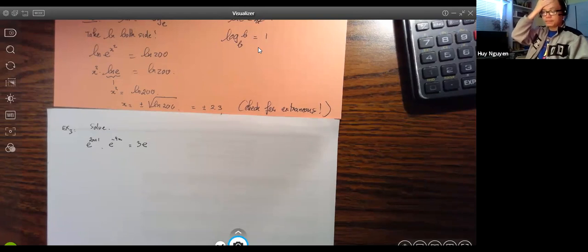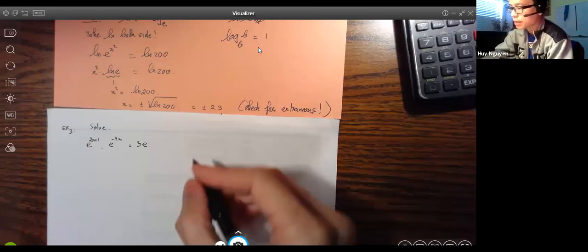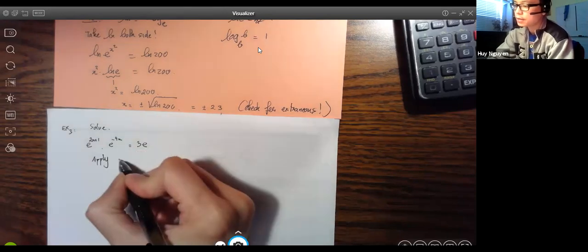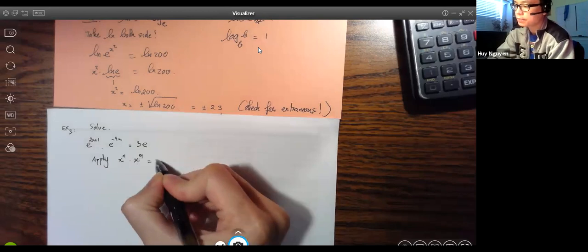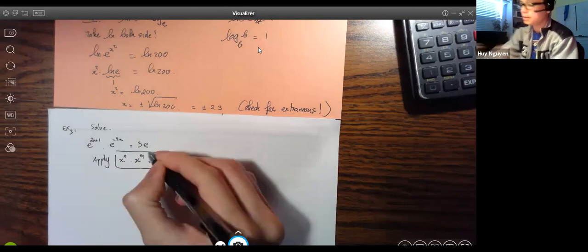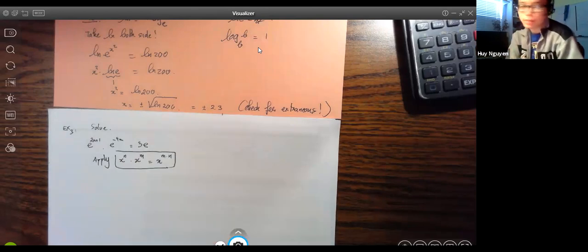All right. Before we start solving this, we need to simplify a little bit. Because you see that we have two power numbers with base e on the left-hand side. Then we can apply one of the exponential properties we already learned. We have to apply this formula: x^n times x^m equals x^(n+m).